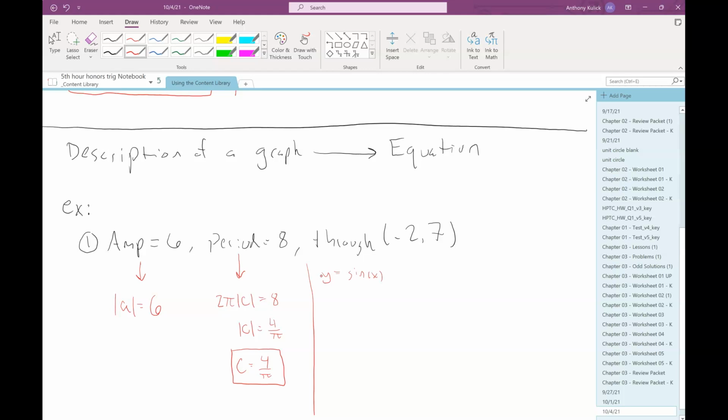So if I'm using the sine function, where would I want (-2, 7) to occur that makes this as easy as possible? I'd want it to occur on the midline because the point from the parent function that I want to use is (0, 0), which was my midline point.